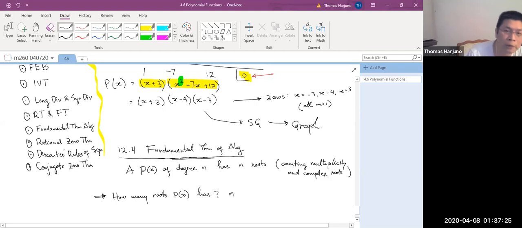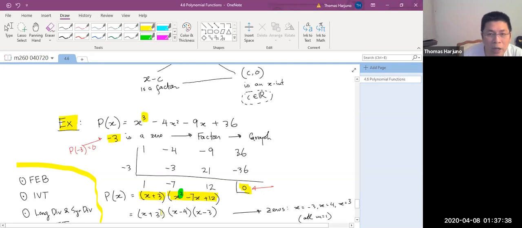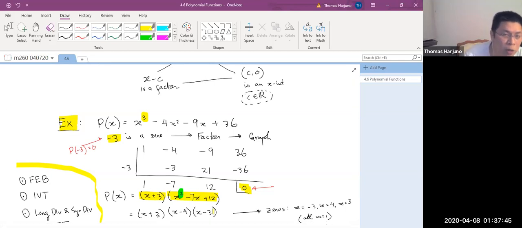It depends on the degree. If I look back to this polynomial here, the degree is 3, right? So once I get 3 zeros, I know I can stop. The number of zeros a polynomial has should not be more than the degree.